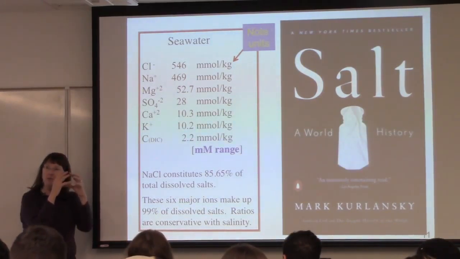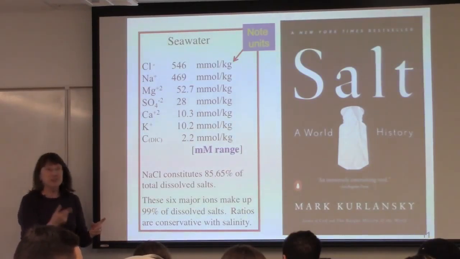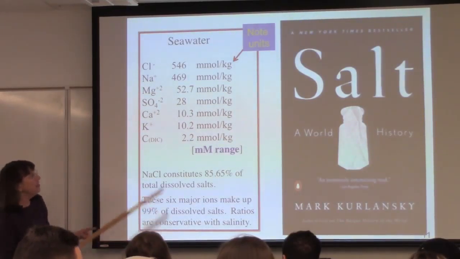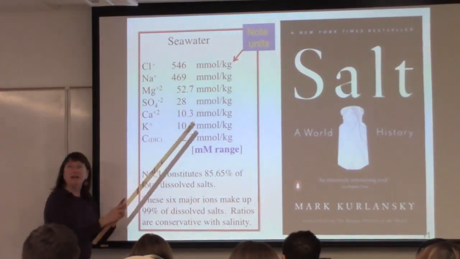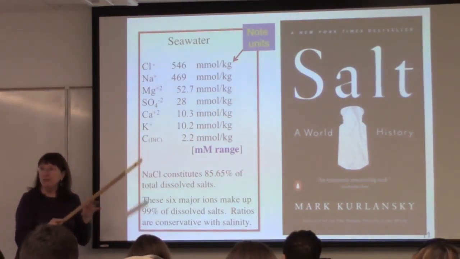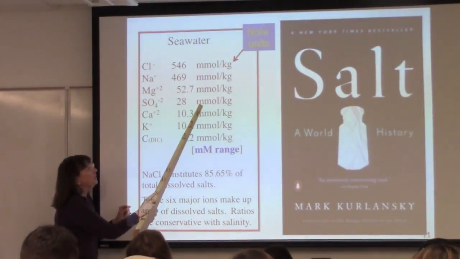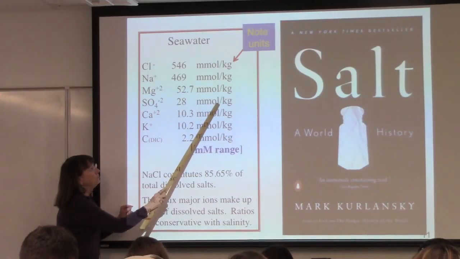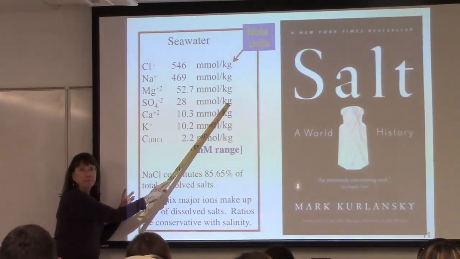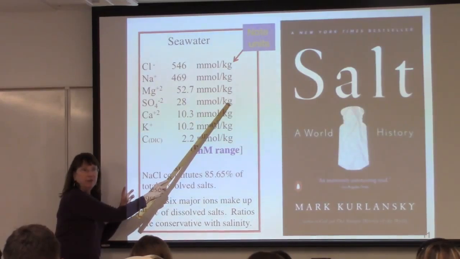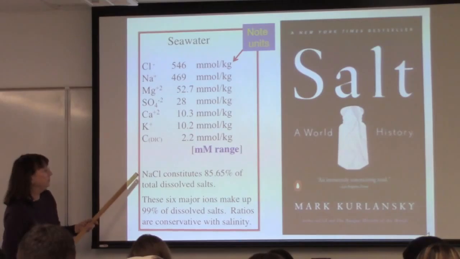And so rather than reporting in volume and asking, is it volume at depth or volume at the surface? If you make it independent of getting squished, then you don't have that ambiguity. And so we try to resolve ambiguity. What you'll see in the modern literature is moles and sometimes grams, but very often moles per kilogram. And a kilogram of seawater at the surface is just about a liter.